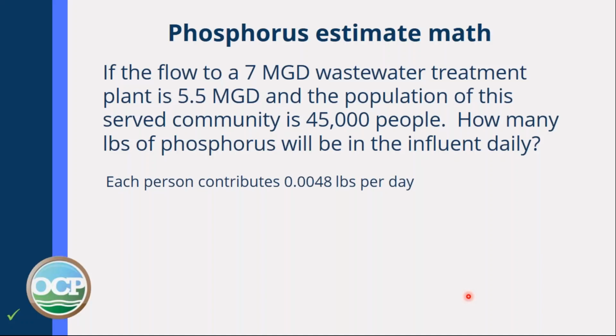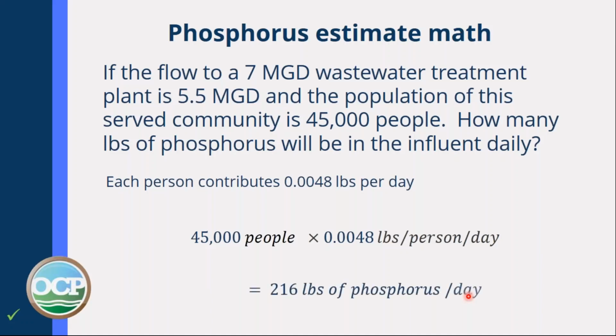So we know from the previous slides that each person on average contributes 0.0048 pounds per day. So long as we know how many people, we can multiply that by 0.0048, and there should be somewhere in the region of 216 pounds of phosphorus entering that wastewater treatment plant.